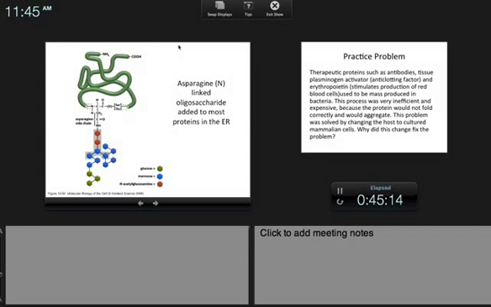So it's involved in ERAD and protein folding and all that good stuff. Okay, so it's important. And then these sugars are going to be further trimmed in the Golgi. That's why most cell surface proteins are glycosylated.